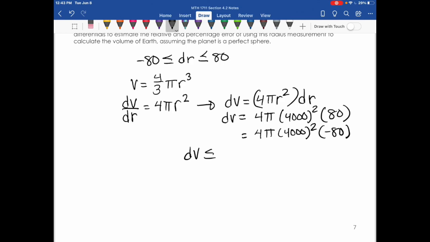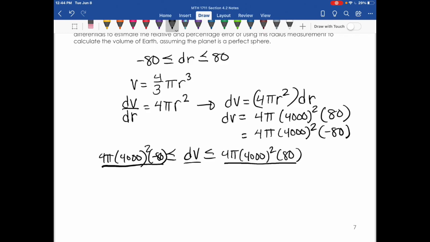So I know that my dV is going to be between 4 pi times 4,000 squared times 80 at most, and definitely bigger than 4 pi times 4,000 squared times negative 80 if it's an underestimation. So my change in volume is going to be between these two values.